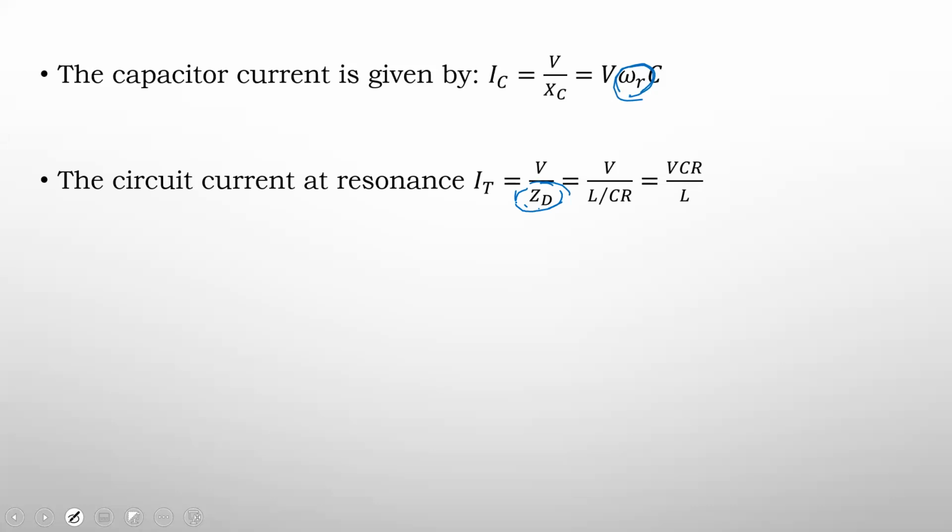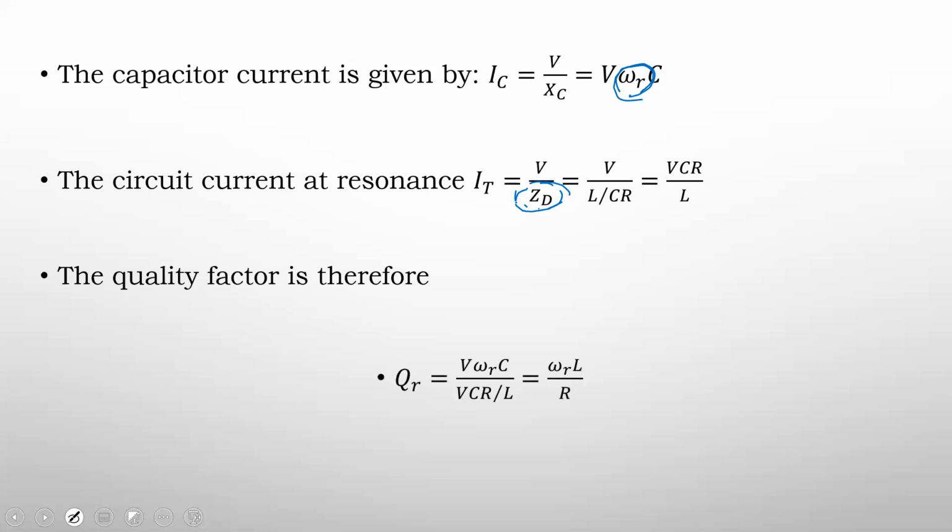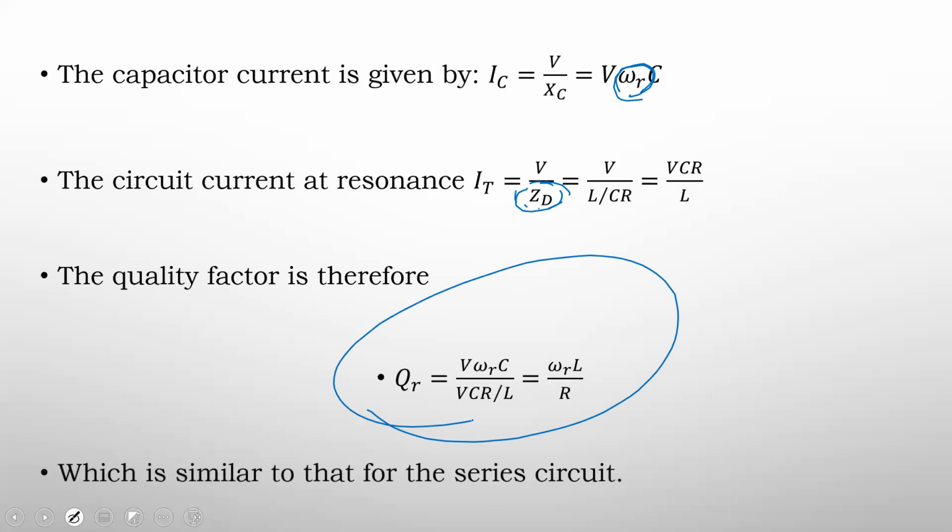So it means that for the current flowing into the circuit, we have VCR over L. When we find the ratio for quality factor, we get QR to be equal to omega L over R. So for your tank circuit, the quality factor formula is similar to that of your series circuit. Any questions?